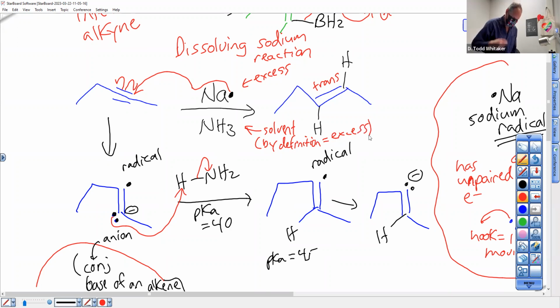If it's solvent, by definition, that makes it excess. So you have as much sodium as you want, and you have as much ammonia as you want. That's what NH3 is. So sodium number 2 hooks up with the radical and makes a lone pair.